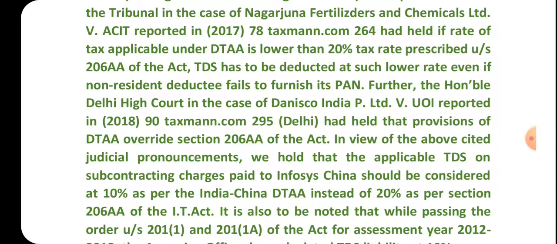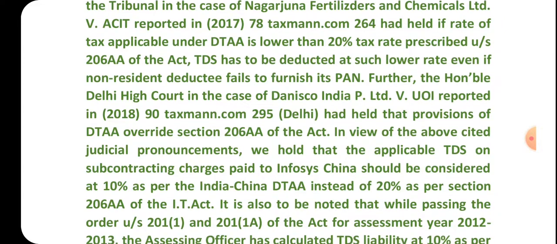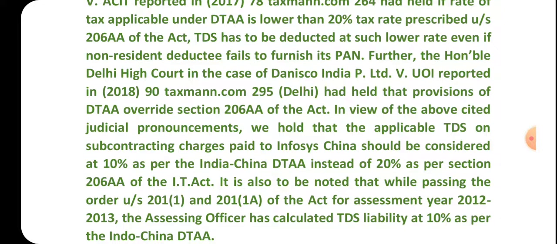In view of the above cited judicial pronouncements, the ITAT Bangalore held that the applicable TDS on the subcontracting charges paid to Infosys China should be considered at 10% as per the India-China DTAA instead of 20% as per section 206AA of the Income Tax Act.